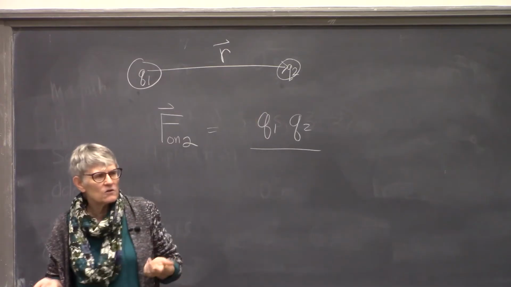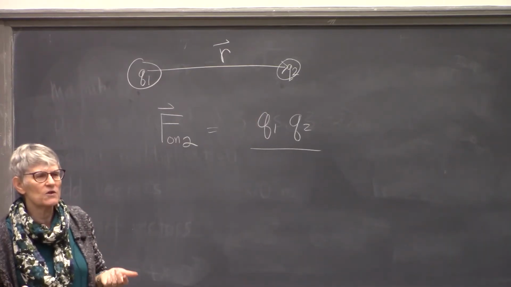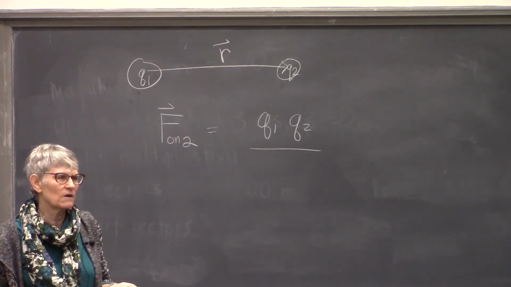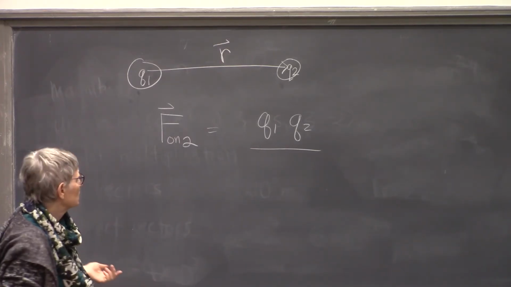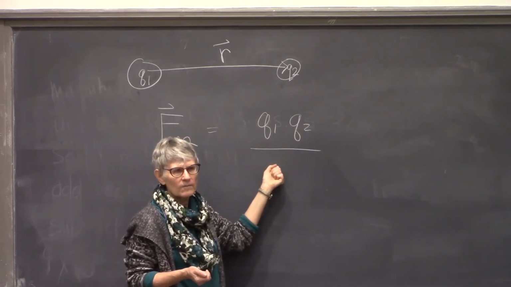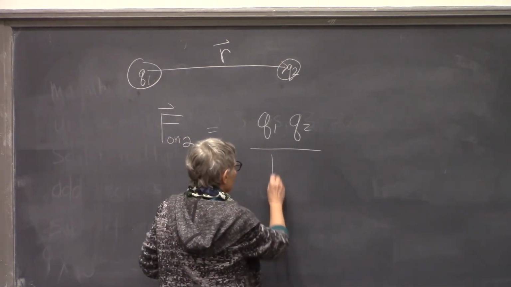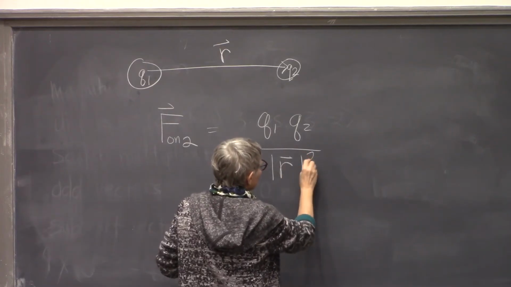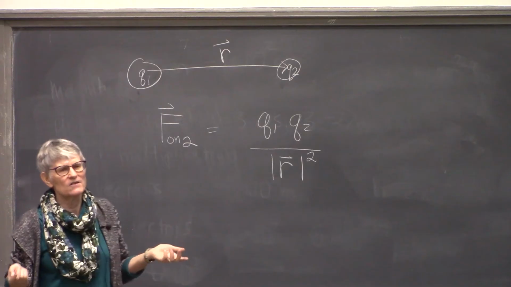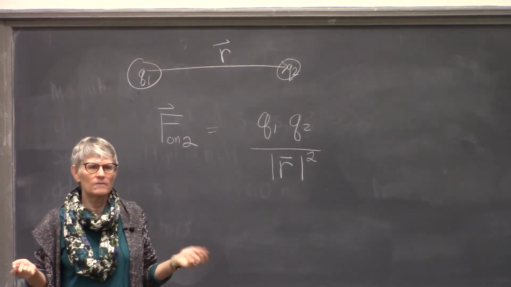So how are we going to use this to express the distance dependence in this force? We know it's 1 over distance squared. So what goes here? Magnitude of R squared. And presumably there's some proportionality constant.